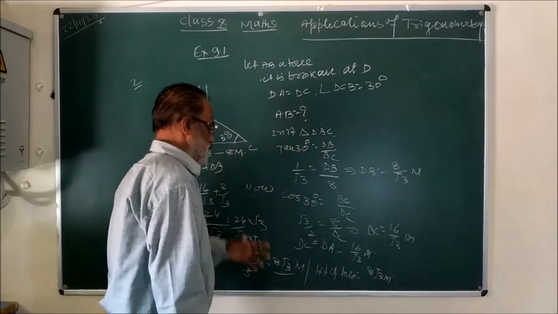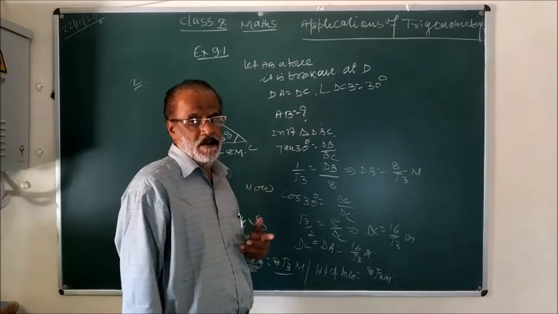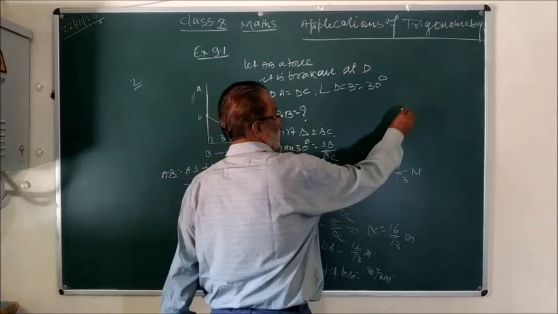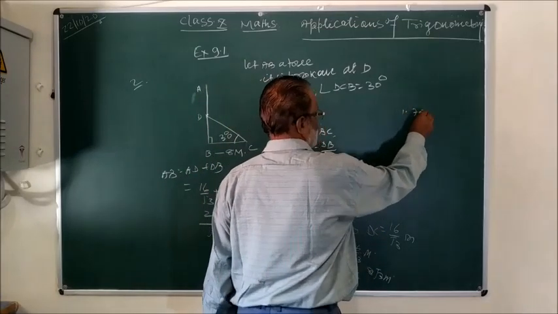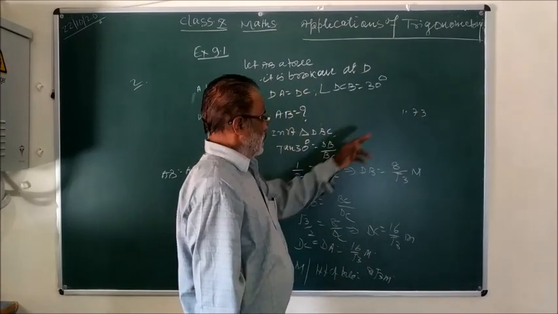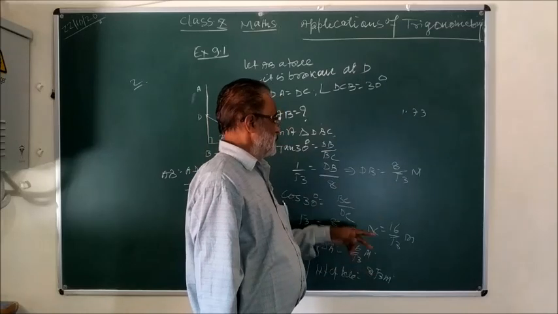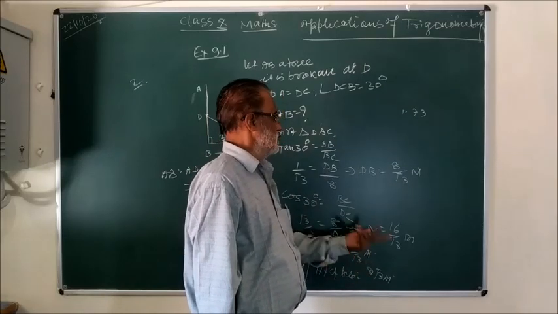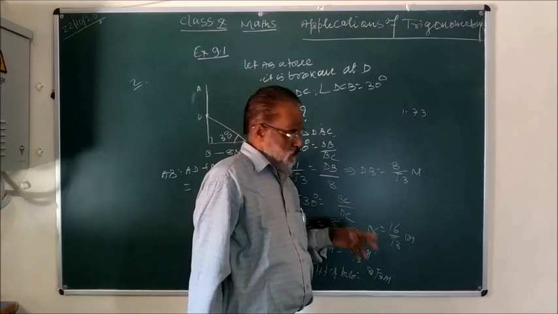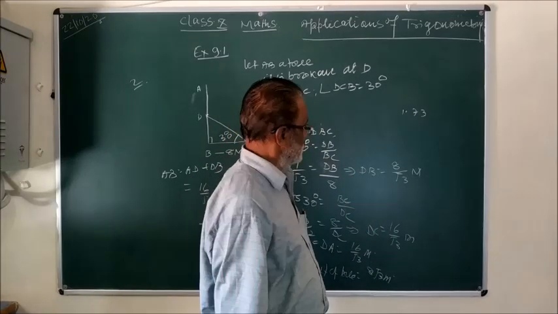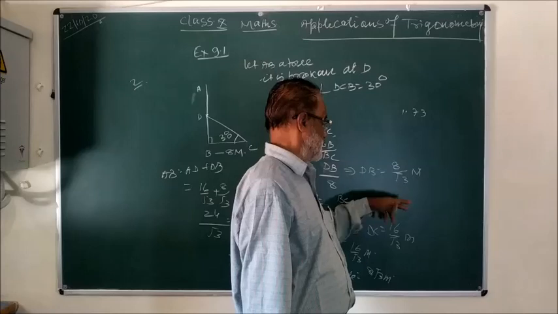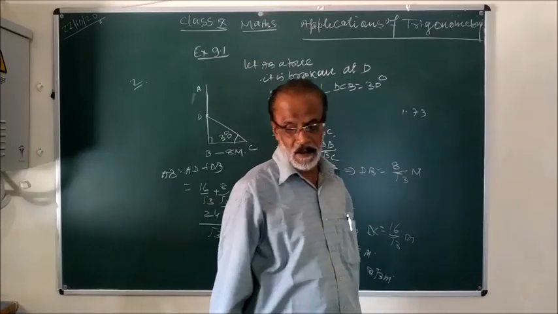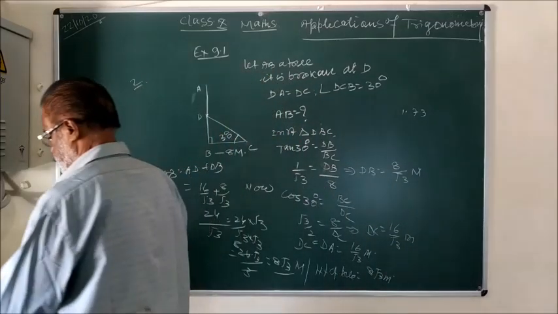In some questions, if the root 3 value is given in decimal, suppose 1.73, you can multiply this value by 8 and then you will get the answer. So 8 root 3 is also a correct answer, and if the root 3 value is given, you will multiply. This is the solution.